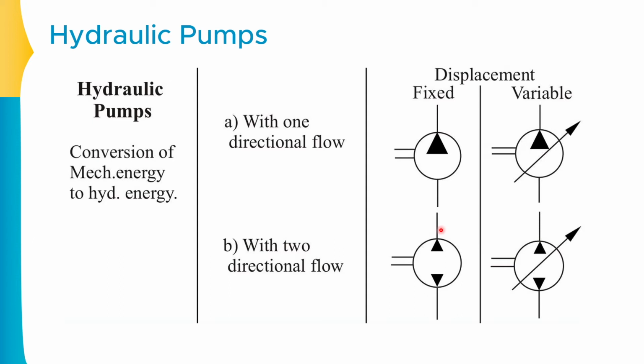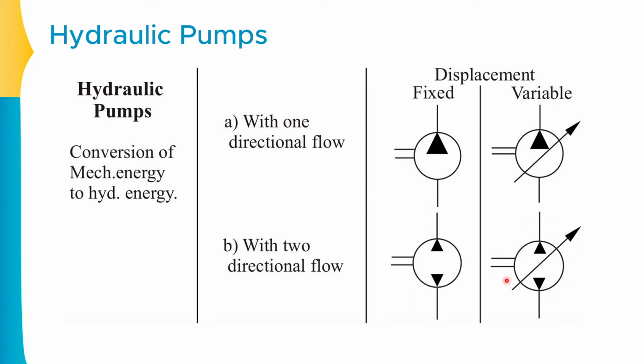That means that this specific pump is a bidirectional flow pump. So if we want to show the symbol of the bidirectional fixed displacement pump, then we need to draw this specific symbol. If we want to draw the symbol of the bidirectional variable displacement pump, in that case we need to draw this specific symbol.